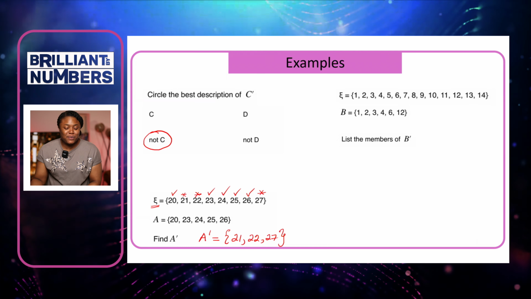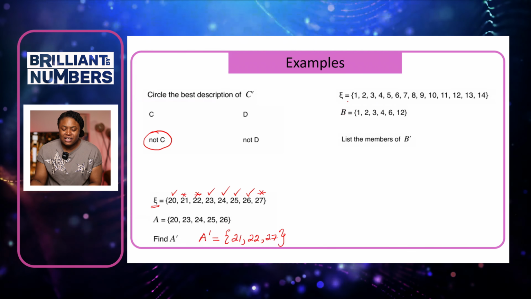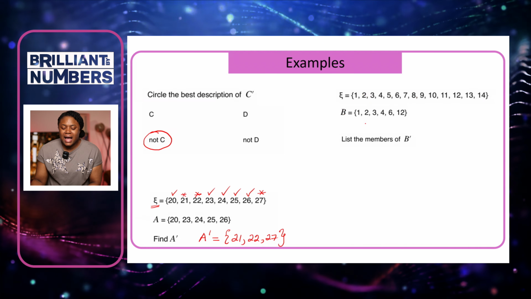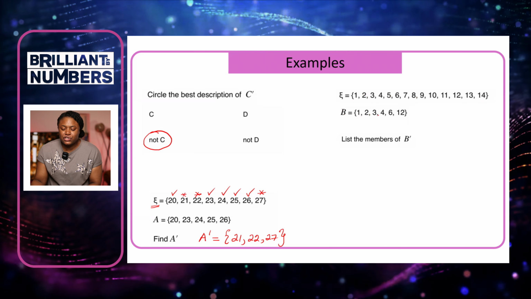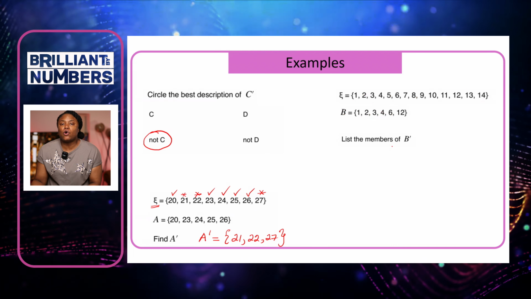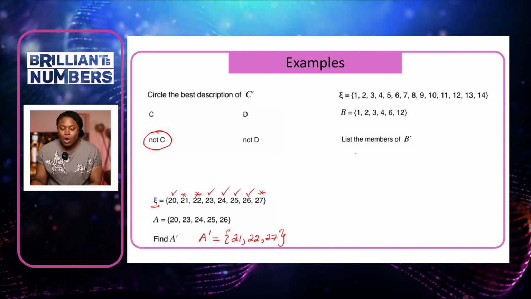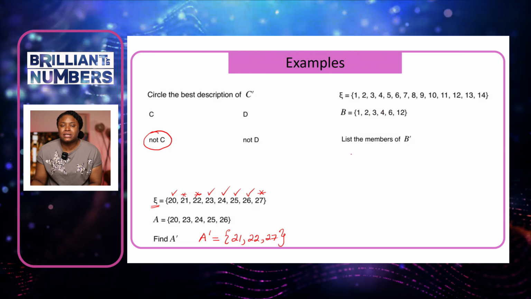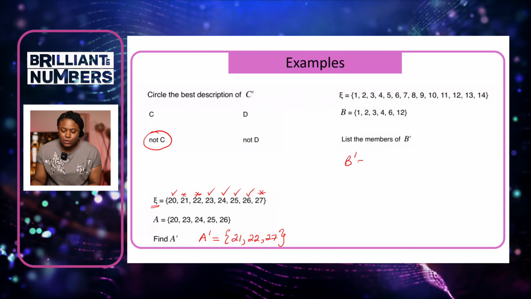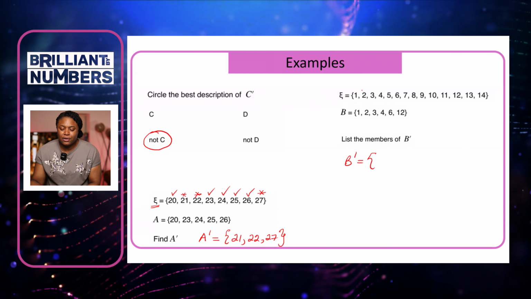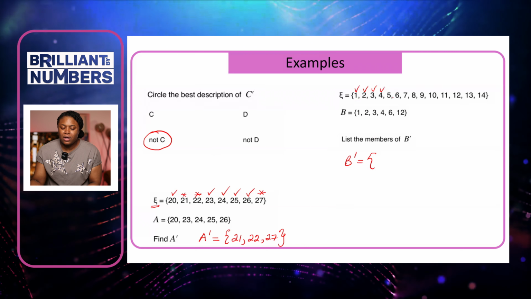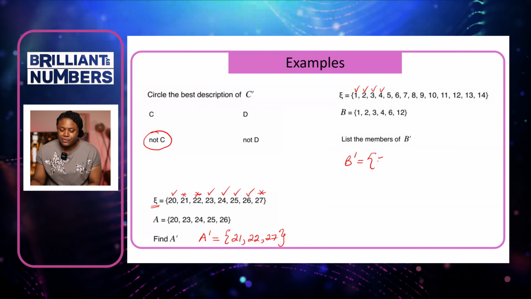Beautiful. So we go to our third example. The universal set is 1 to 14, and the set B is 1, 2, 3, 4, 6, and 12, and we're asked to list the members of B complement. Again, all the elements that are not a part of set B. So B complement is equal to, we put our brackets and we check. 1 is in our set, we don't need that. 2, 3, 4, 5 is not in our set, so we start with 5.